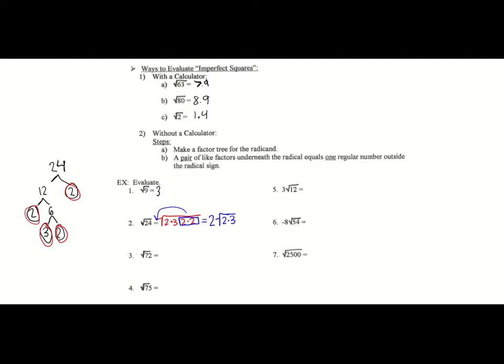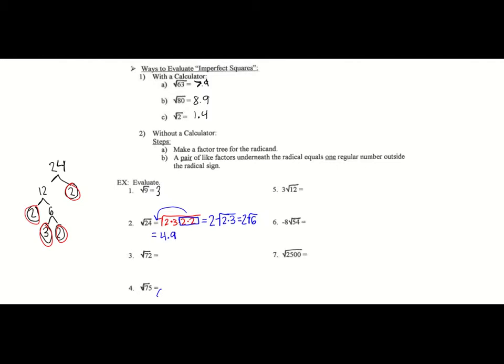So we can either leave it like this, square root of 2 times the square root of 2 times 3, or we can multiply those numbers under our square root again, and we get 2 times the square root of 6. The other way we can do that is to type square root of 24 into our calculator, and it is going to give us 4.9.